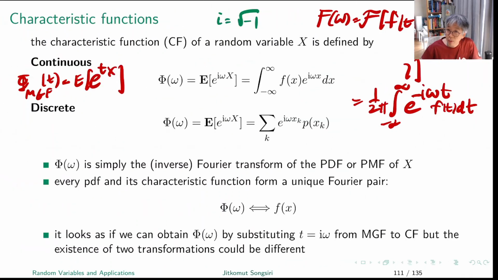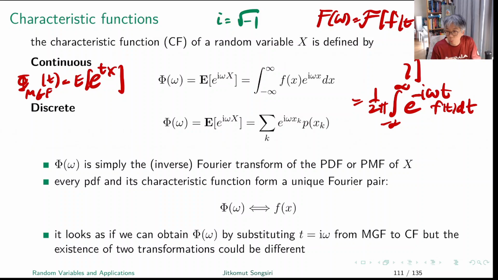The benefit of having the CF is, as I mentioned before, whenever we don't know the distribution of a certain random variable, we can derive the characteristic function first, and then see if it matches some distribution that you already know.